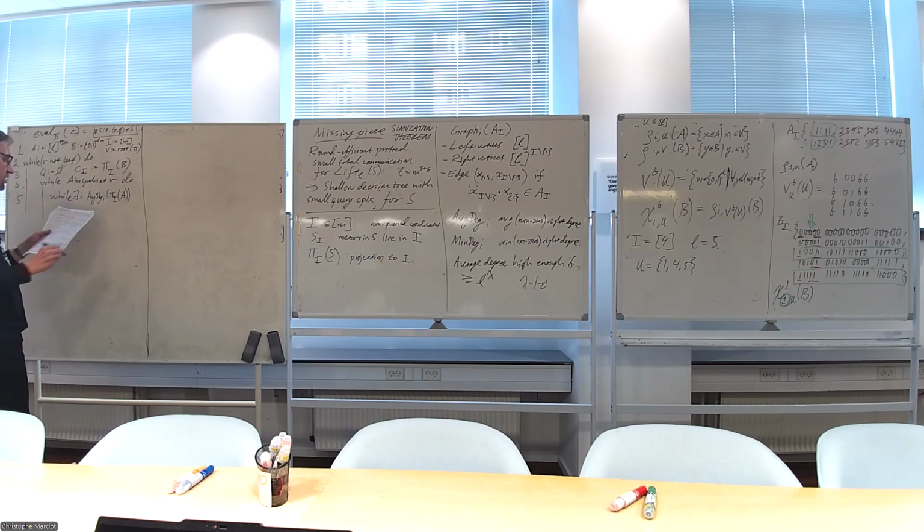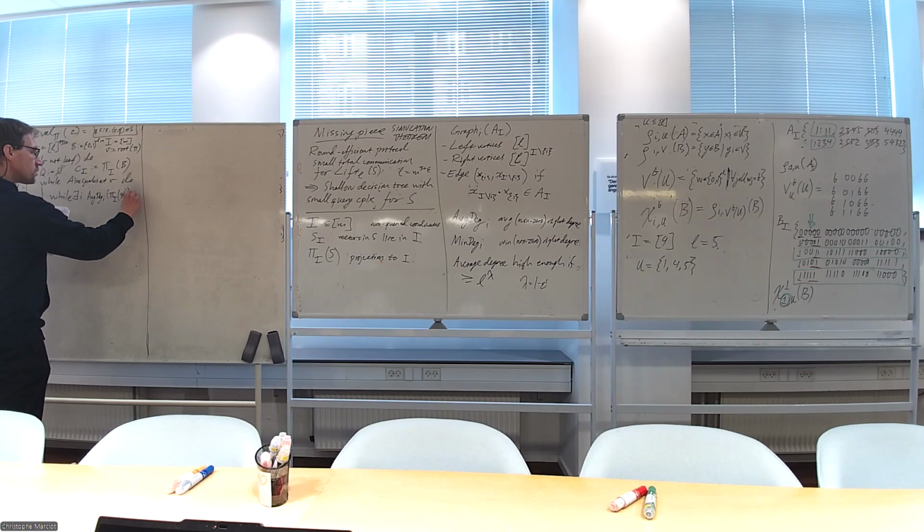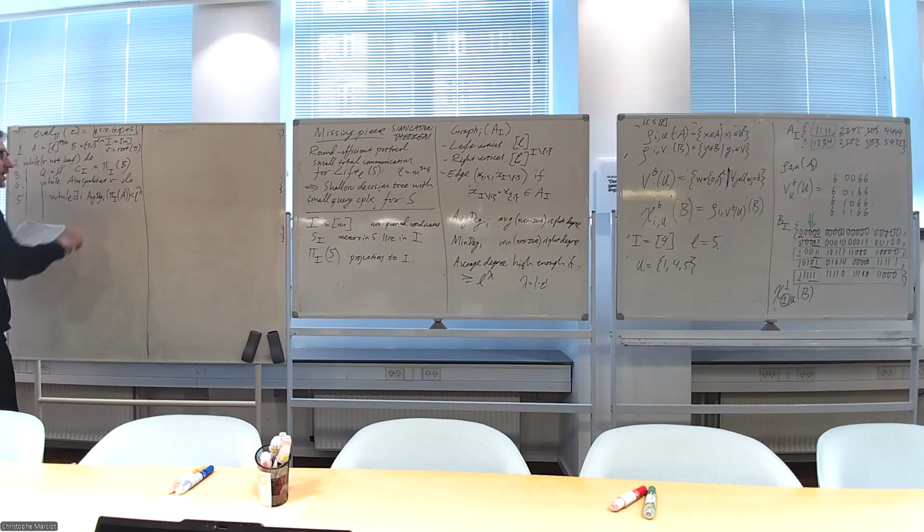So if the average degree is too low, smaller than L to the lambda, where again lambda was 1 minus some epsilon, this means that some right vertex, in this coordinate, it seems like things are a little bit too constrained. Okay?